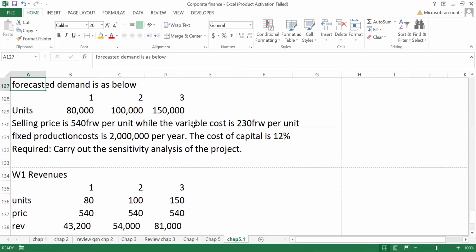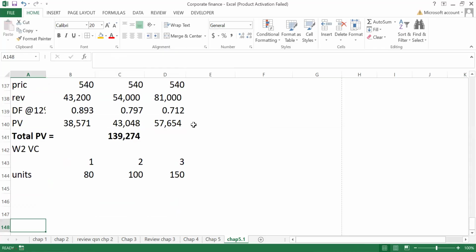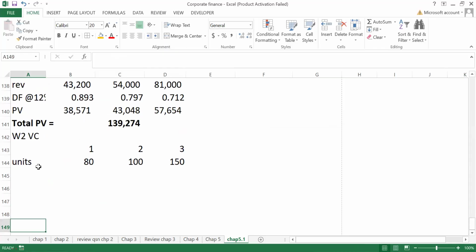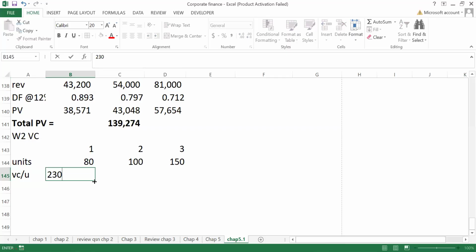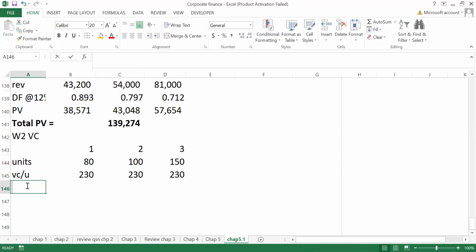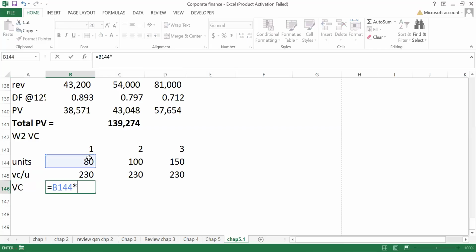It is 230. So what is my variable cost? I multiply this times this.